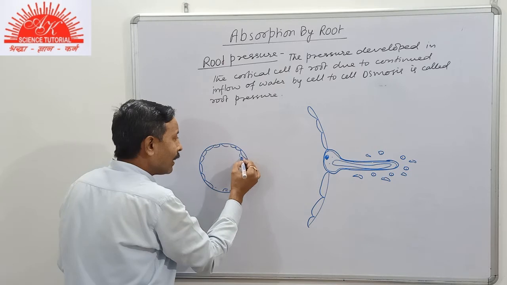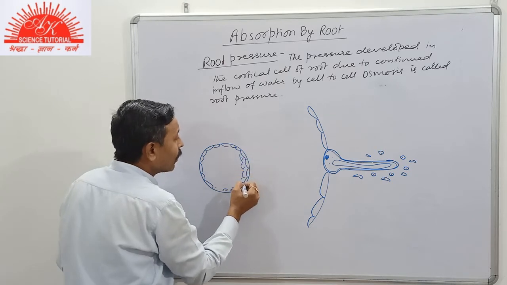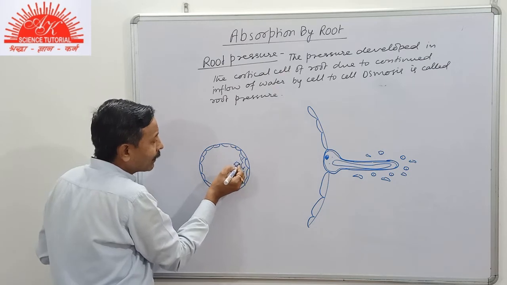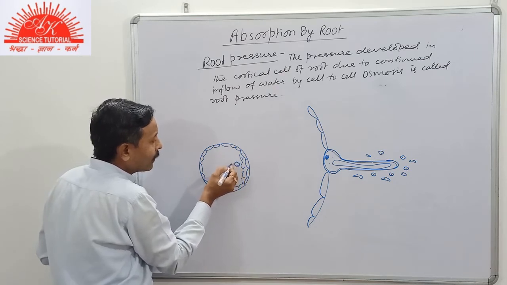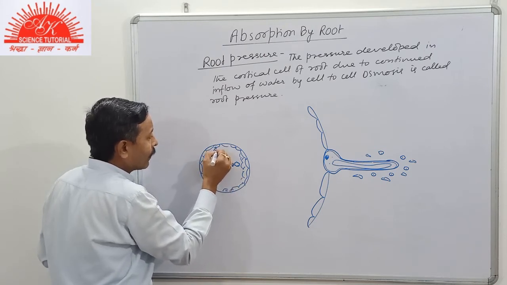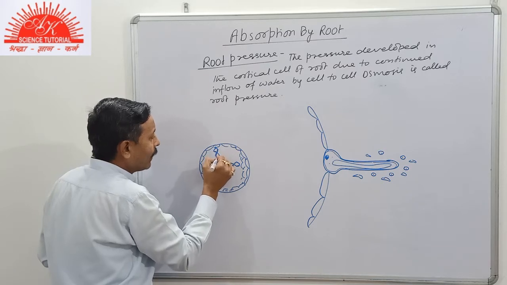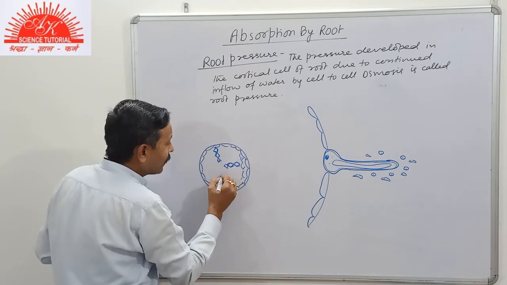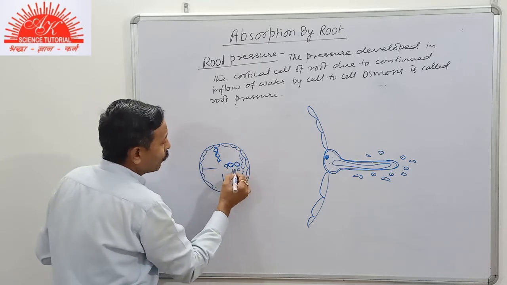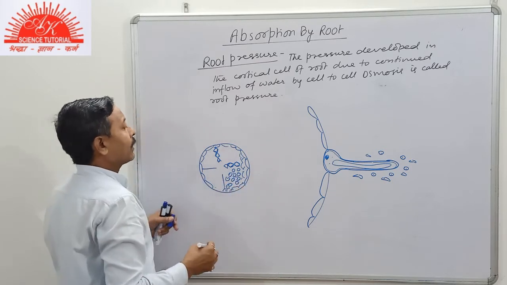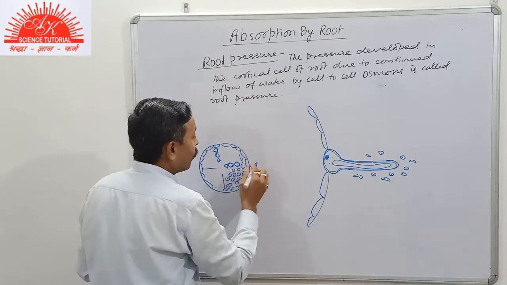Inside it there is another layer of cells called the pericycle, and then inside it there are thick walled cells arranged along the radius, which are the xylem, and in between there are soft cells, the phloem.